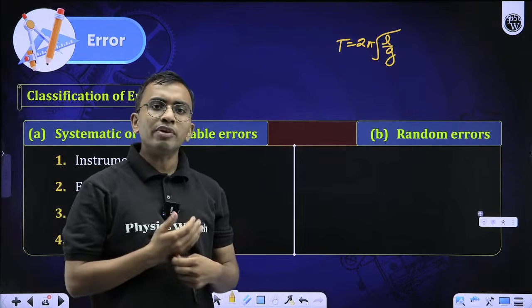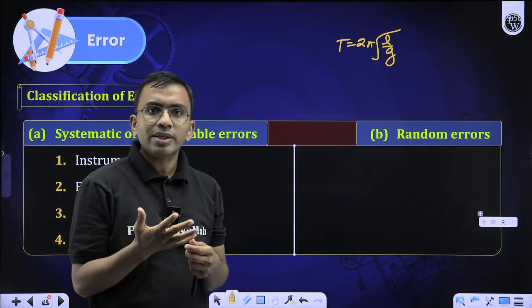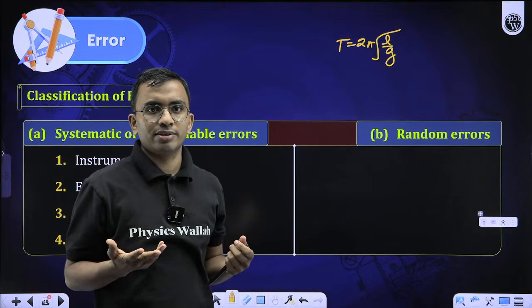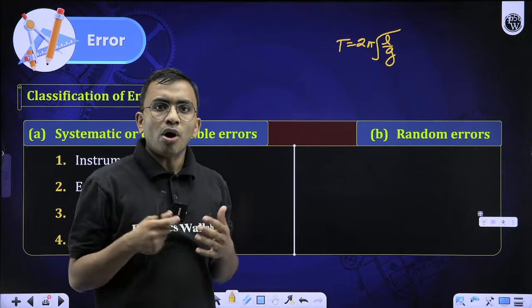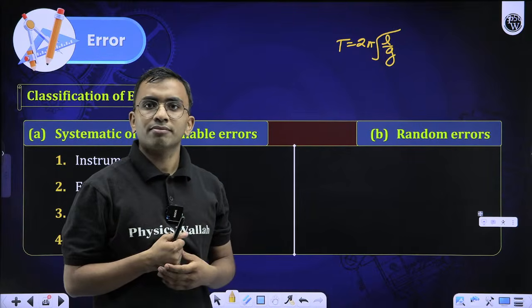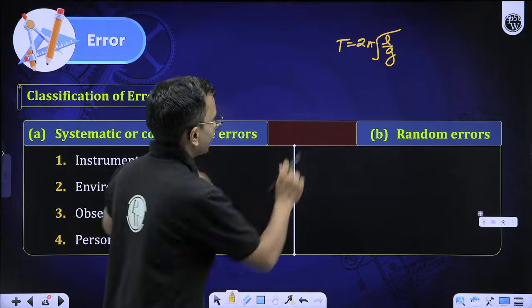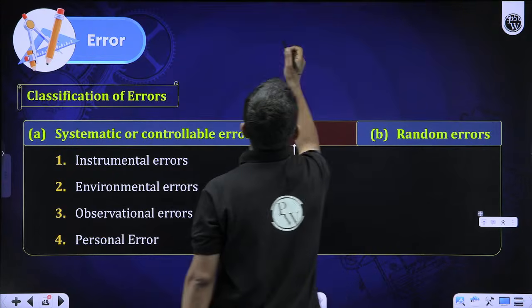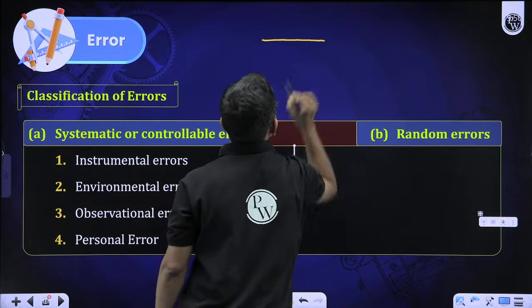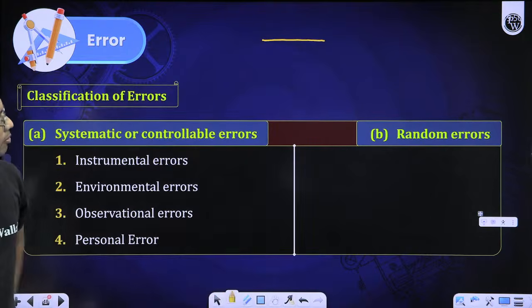So whenever you measure anything, there will always be some errors. Getting it? Let us say I ask you to measure this length.